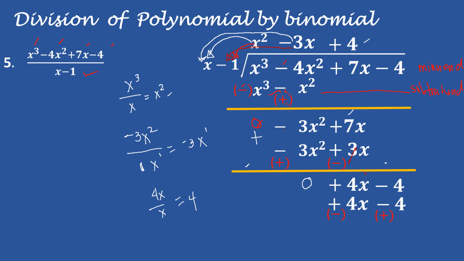Then change all the signs of the subtrahend to proceed to a vertical addition. Thus, 4x and 4x will give us a 0, and the positive and a negative, we can now subtract them, and it will also give us a 0. So therefore, that is the way to find the quotient of a polynomial by a binomial using long division.